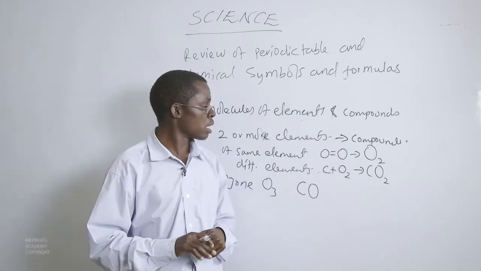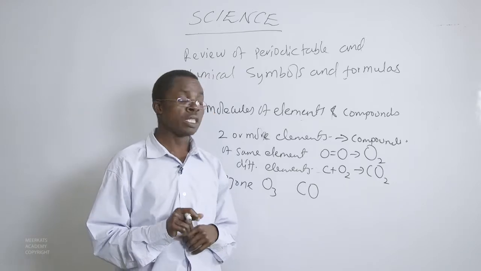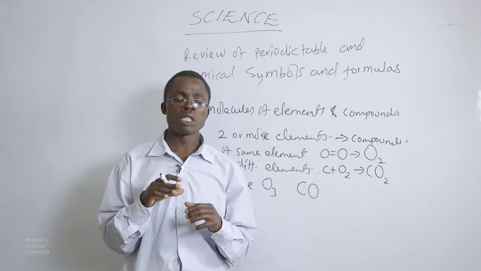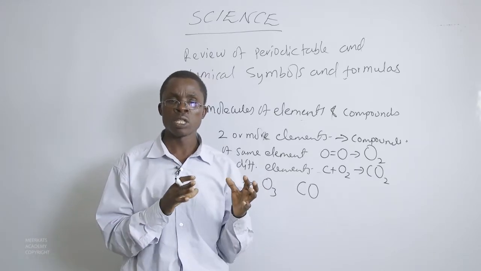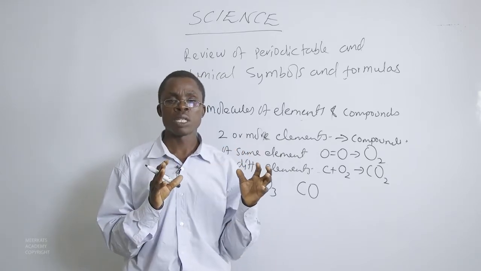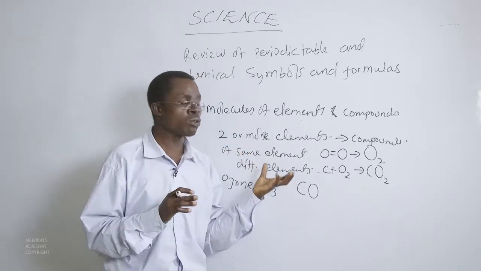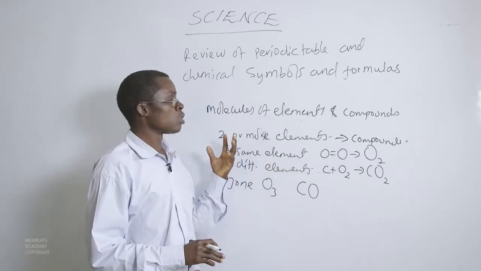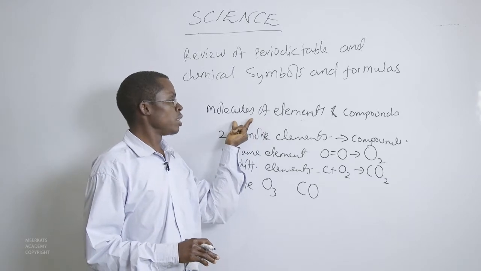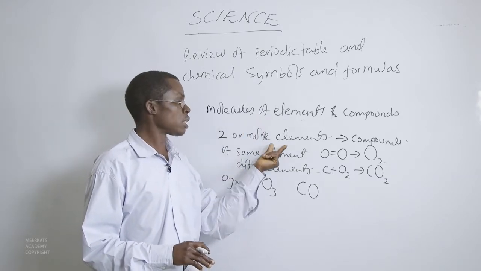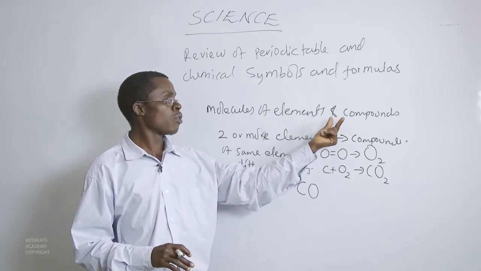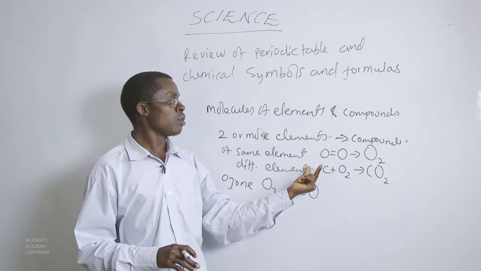The reason the responses are given this way is to give you an idea that not all the responses in all the questions or situations you'll be getting will carry all that you know about the statement. What we need to see from the responses is that molecules of elements should have the same type of atoms, while molecules of compounds can have same or different.